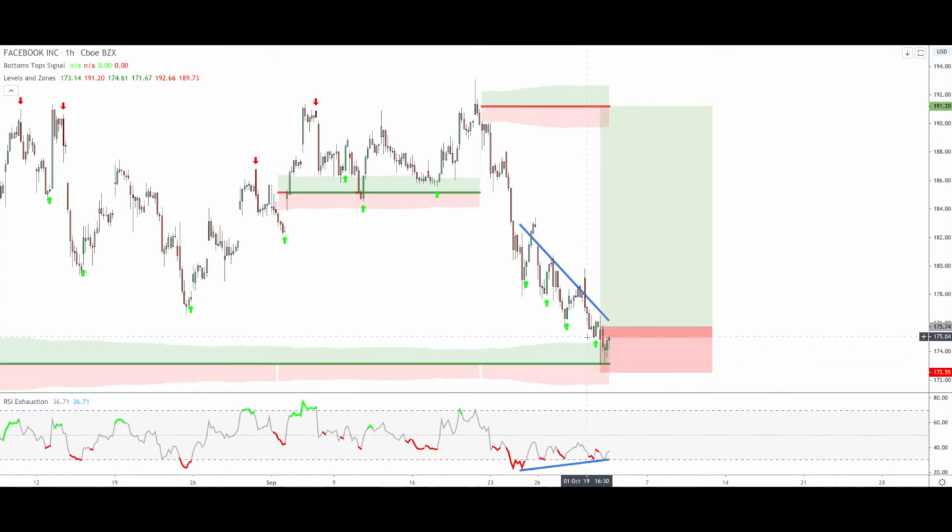So luckily, I got a greater opportunity here, and I placed my order. Right now we are losing a little bit, but let's see what happens with the price action.